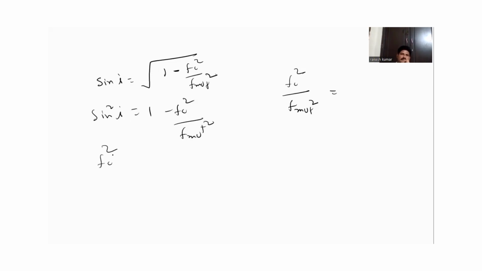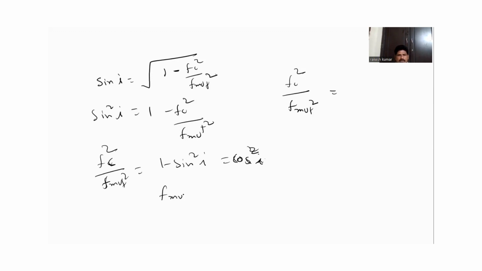So fc square by f naught whole square is equal to 1 minus sin square i, which is equal to cos square i, since sin square theta plus cos square theta is equal to 1. Therefore, fc square by f naught square is equal to cos square i.